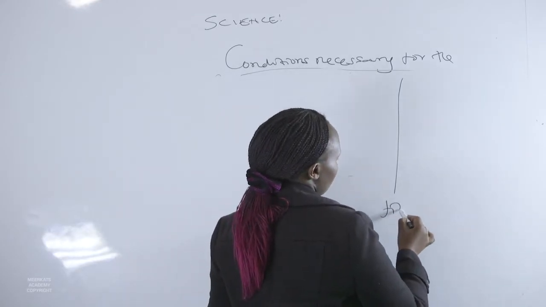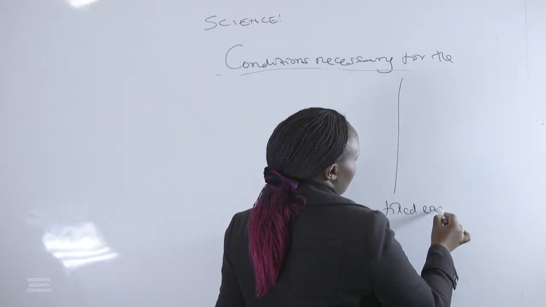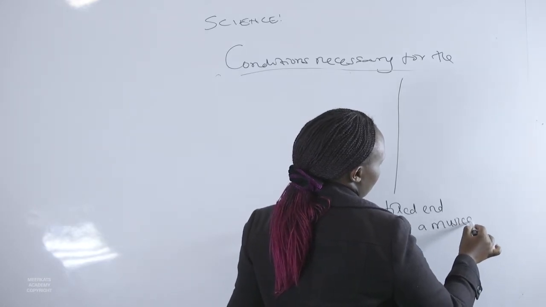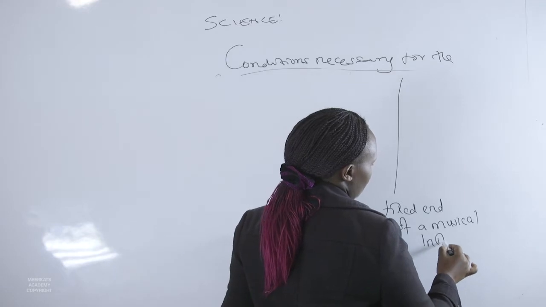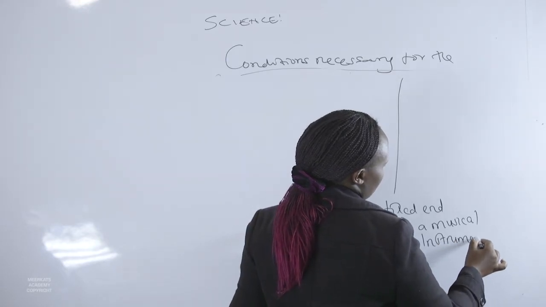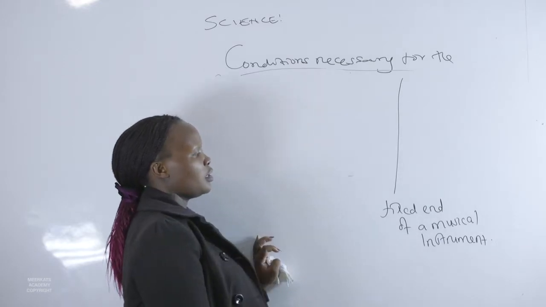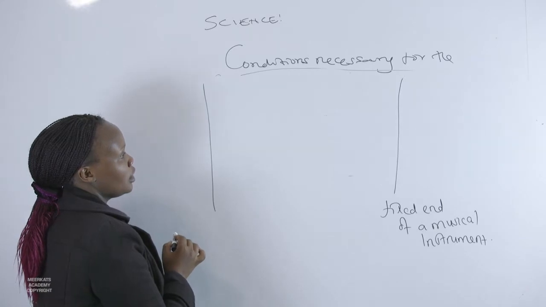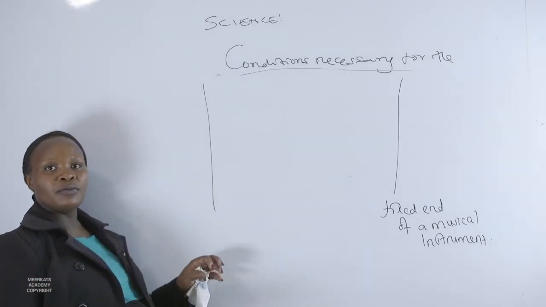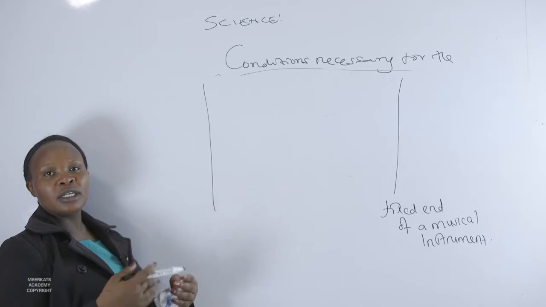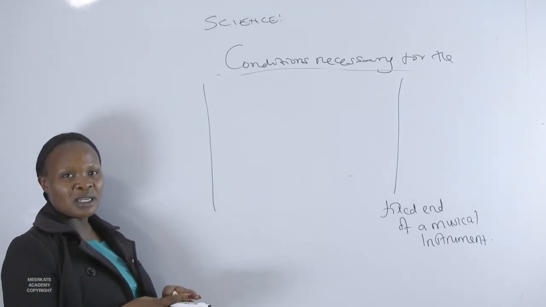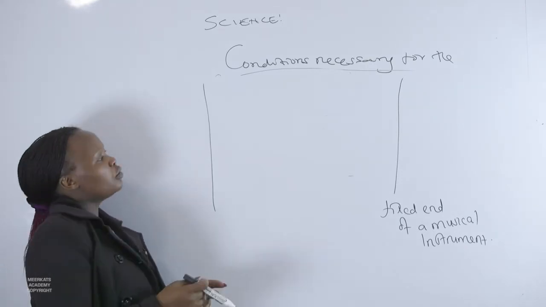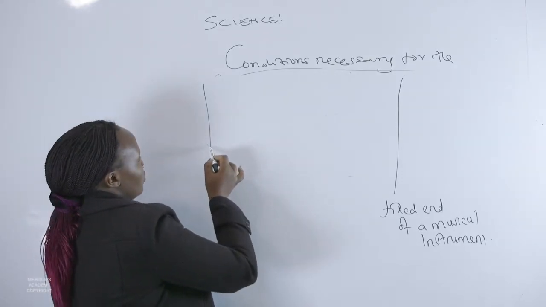Let us call this the fixed end of a musical instrument. Then from the other end, let us say this musical instrument makes its sound by way of vibration of a string.